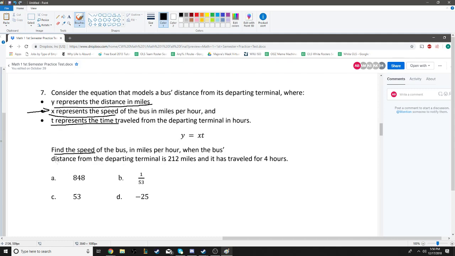When the bus's distance is 212 miles, remember y represents distance. So you write 212 instead of y, equals, x is the speed, we don't know that, but t is time, and they've been traveling for 4 hours, so that's times 4. Divide both sides by 4, and you get x is equal to 53.